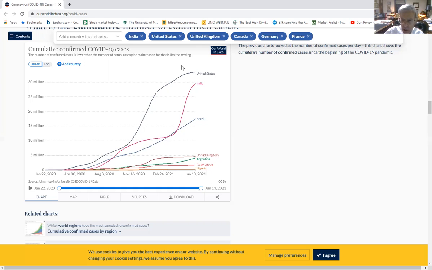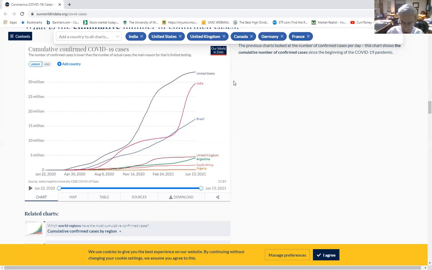As you can see, the US has had the most cases, but we also see that this line is flattening out. We certainly hope it continues to flatten out. But when we look a little bit below that one, the red line for India is scary. Why is it scary?